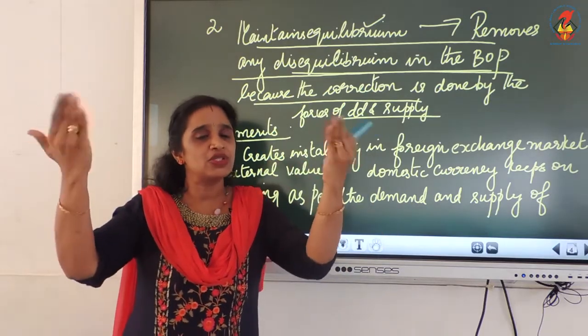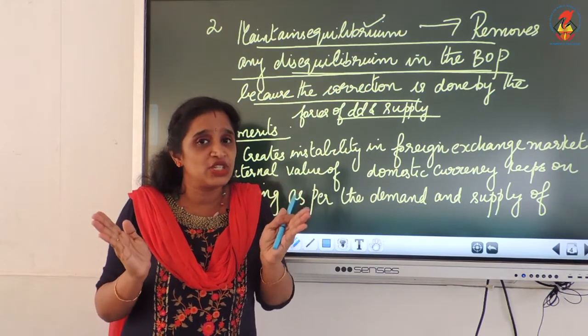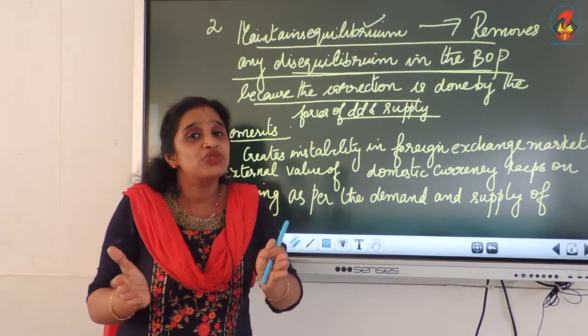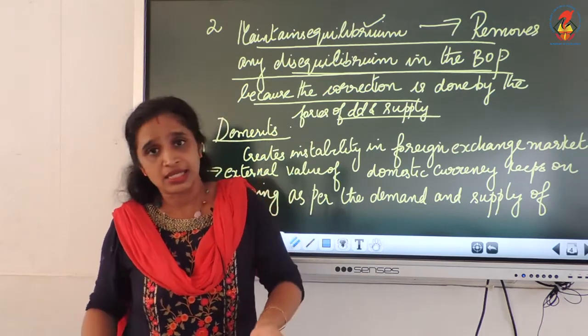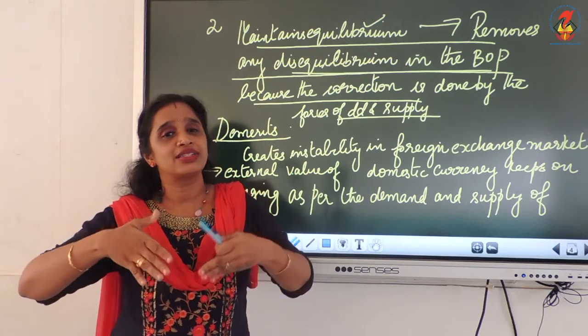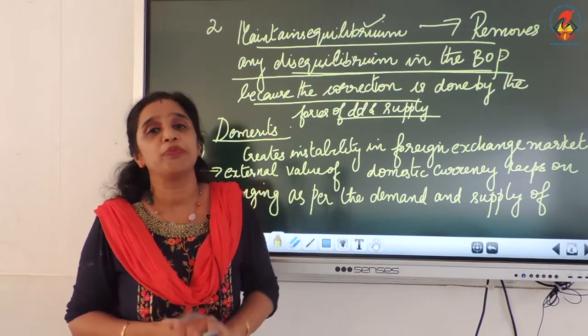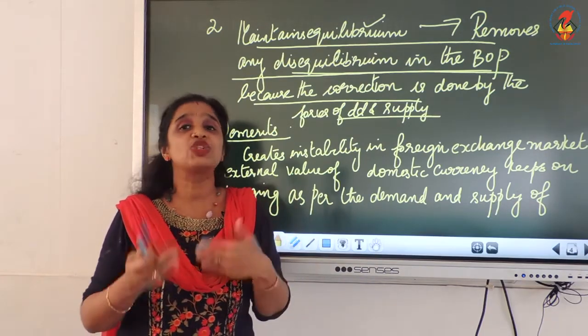Therefore, if there is a surplus or a deficit, automatically that situation will be cleared, and it will go back to the equilibrium stage, because we know that a deficit or a surplus cannot last for a long period. Such disequilibrium cannot exist for a long period. It has to be corrected.